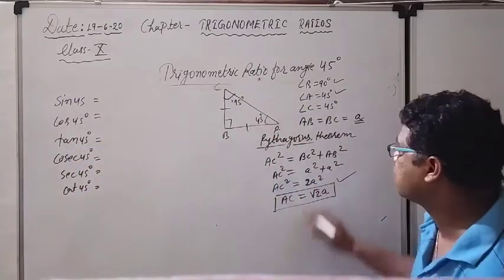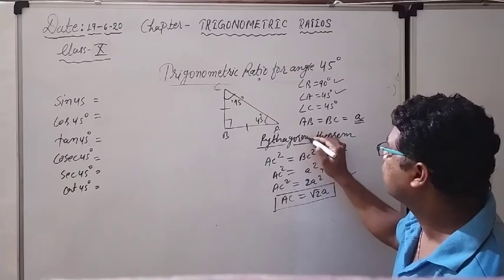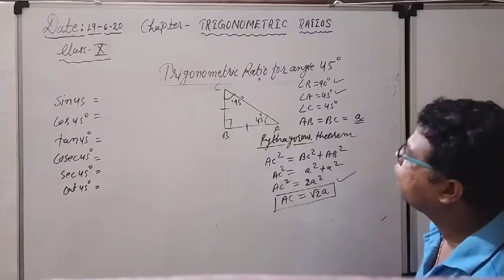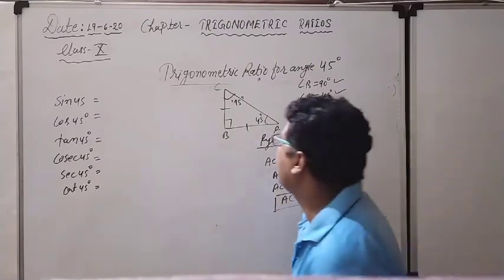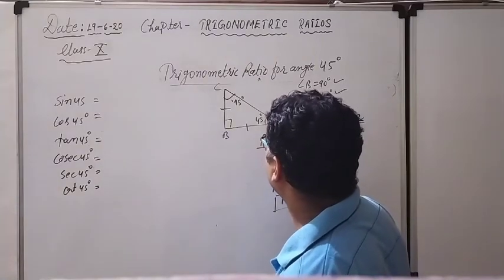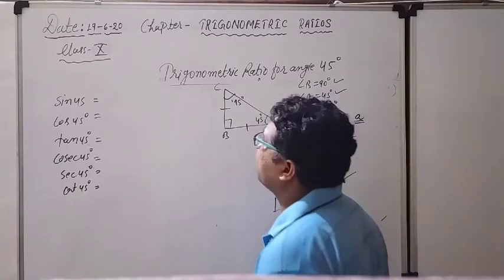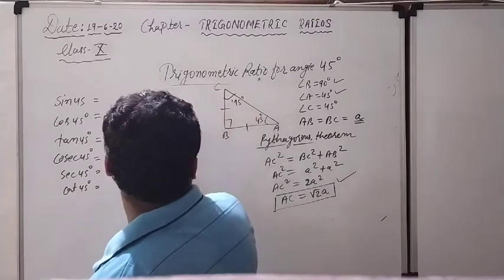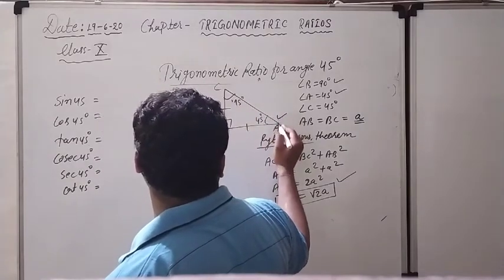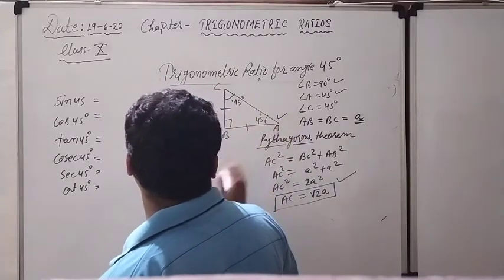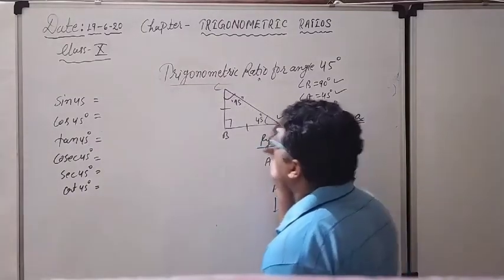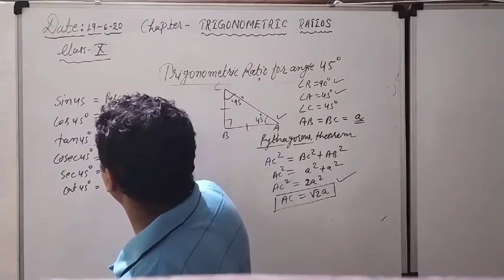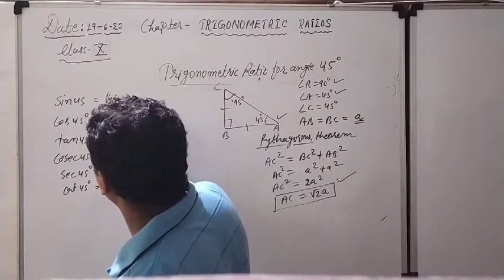See here, sine 45. I am considering angle A; both are 45 degrees, but I am doing it according to A. So sine 45 means sine A is equal to BC upon AC. We know that sine is perpendicular upon hypotenuse.